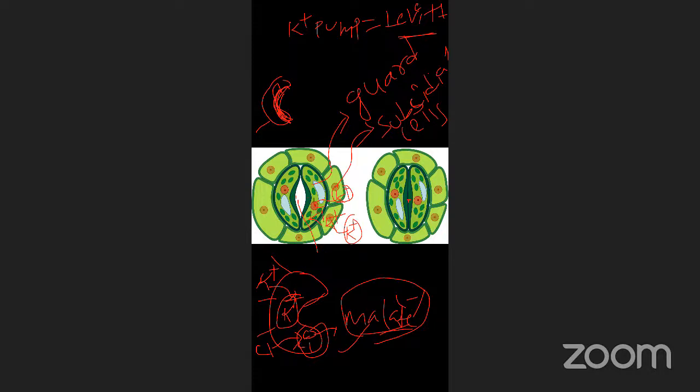Simply remember one thing. There are two cells, right? First one, guard cell, and the surrounding cell, the subsidiary cell. Where is the negative present, in the guard cell or the subsidiary cell?